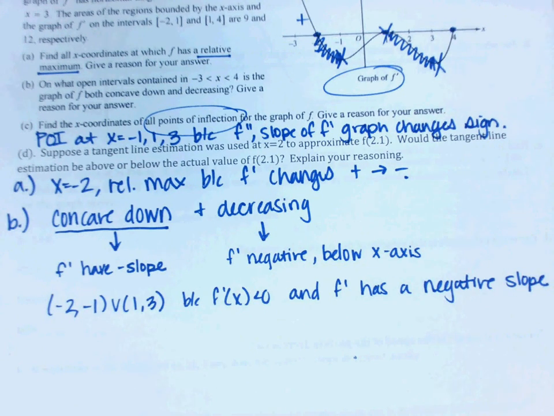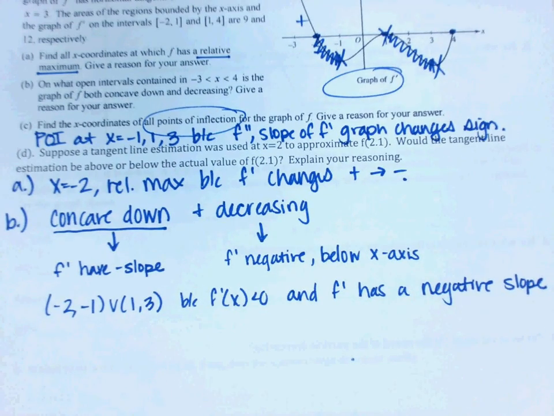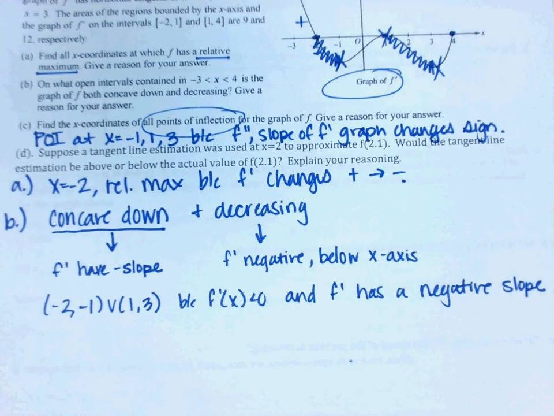Okay, then last part, part D. Suppose a tangent line estimation was used at 2 to approximate f of 2.1. Are they asking you to do that? No, it just says, suppose somebody did that. Okay, then it says, would the tangent line be above or below? What tells you whether the tangent line is above or below?